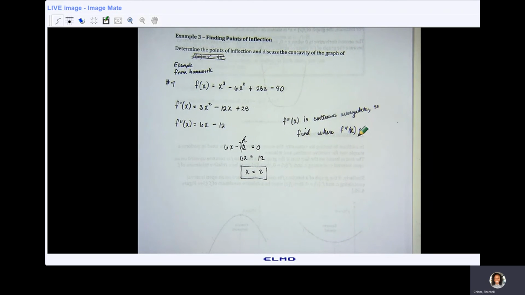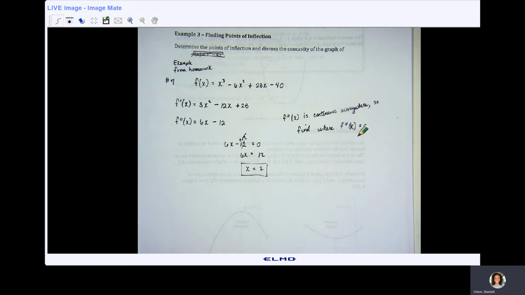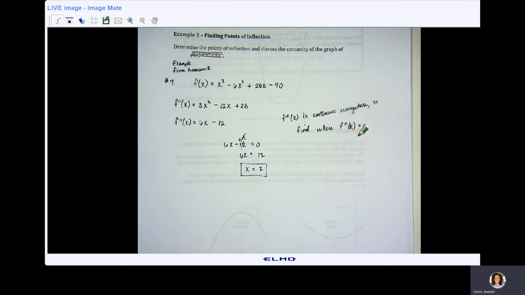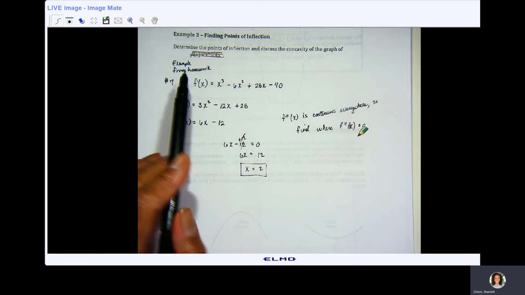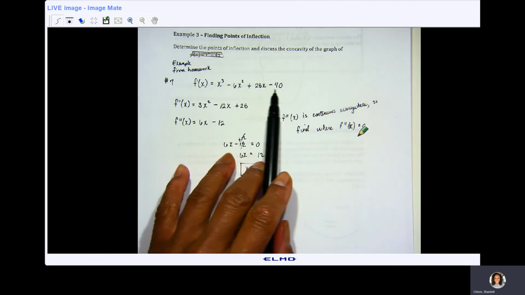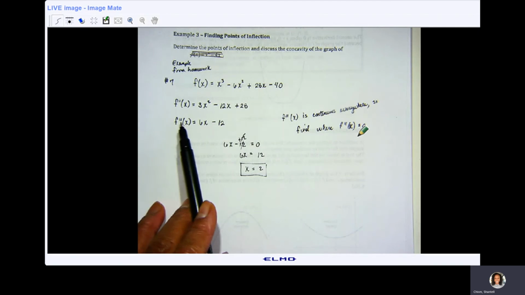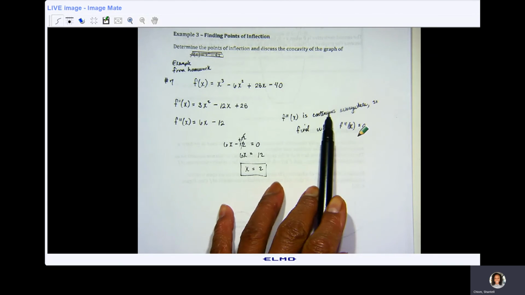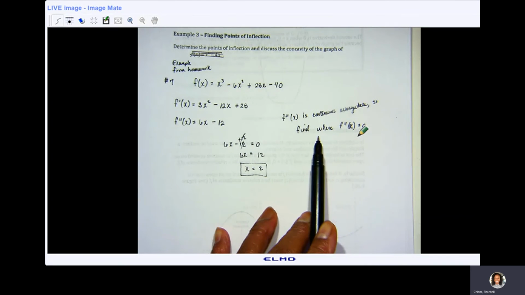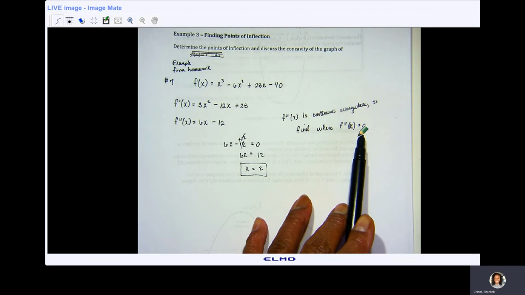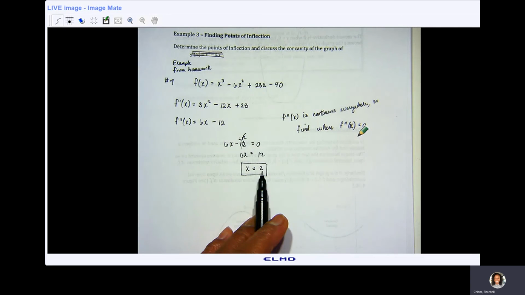Okay? So f double prime equals 0 and x is 2. That is our only critical value that we'll use to set up our intervals. The original function was continuous everywhere, so we don't have any values that we would have to leave out. The second derivative was continuous everywhere, so the only value we could find is when the second derivative is equal to 0, and that is at 2.